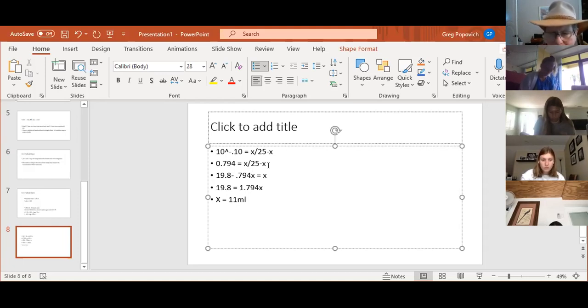Now, this is the milliliters of the NaOH you need to add to 25 milliliters lactic acid to get a pH of 2.75.